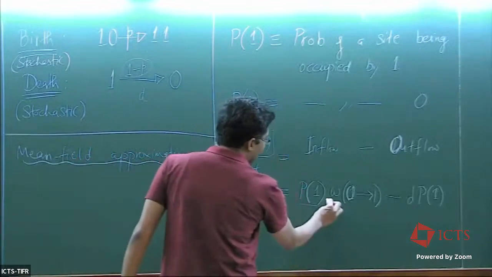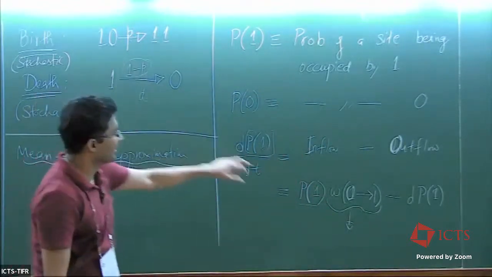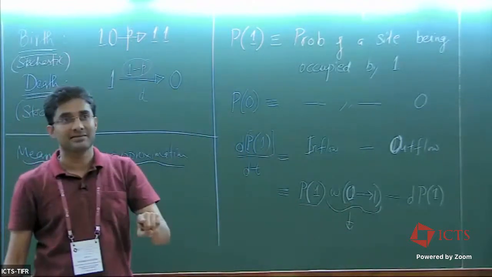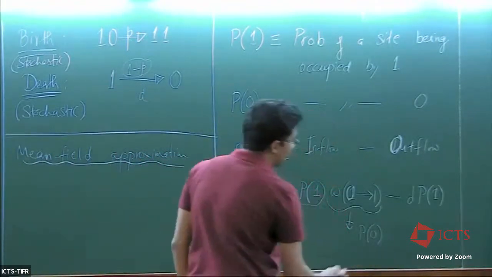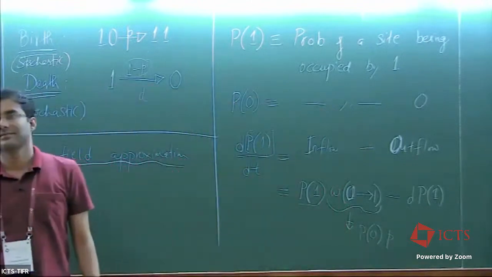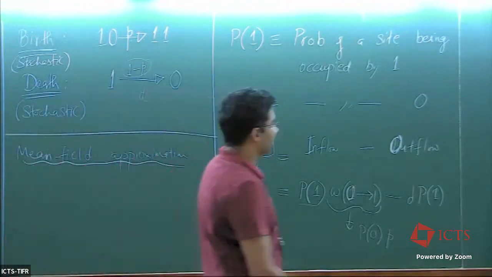Now, what is this omega? So for the empty site to turn 1, of course, the neighbor must be empty. That means it is P of 0. And then that must in turn get a birth on that site.